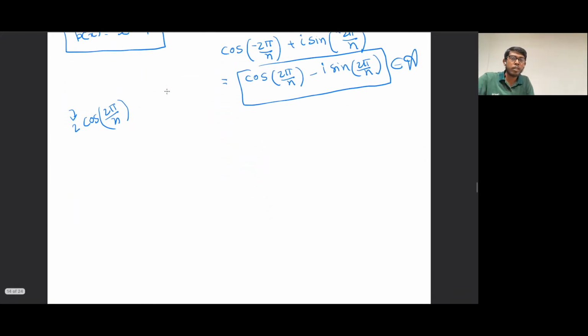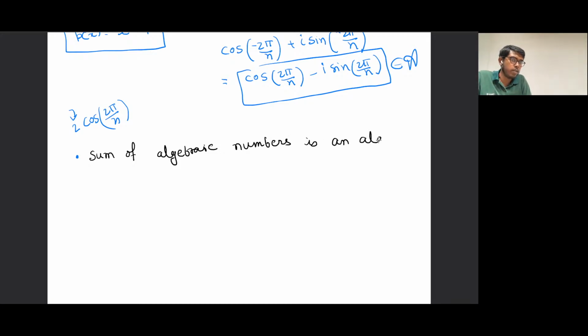So this is a very beautiful result that says that the sum of algebraic numbers is an algebraic number.